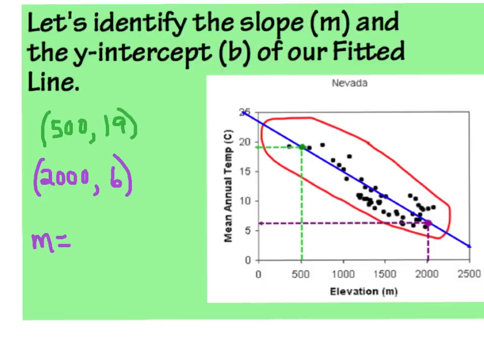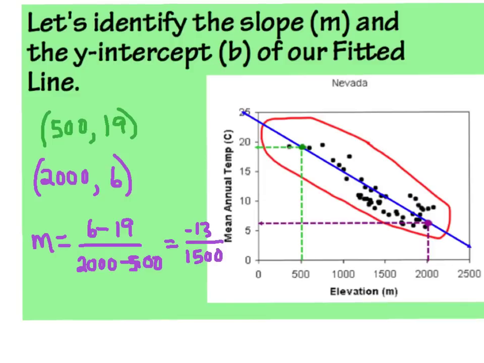So I'm going to go 6 minus 19, y2 minus y1, over x2, 2,000, minus x1, 500. Okay, 6 minus 19 is negative 13, and 2,000 minus 500 is 1,500. Okay, so that's my slope.